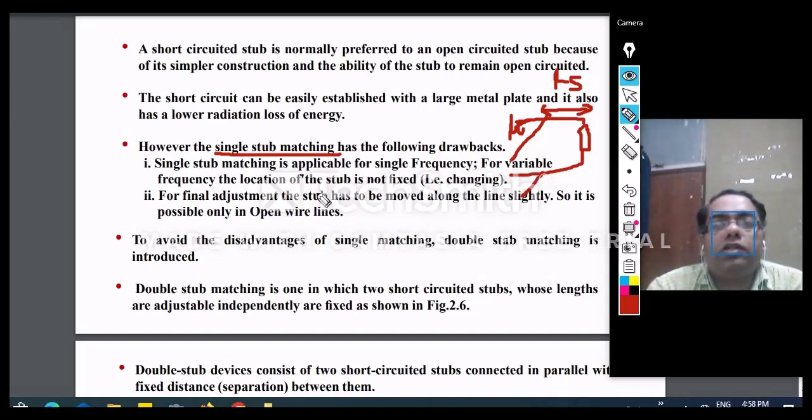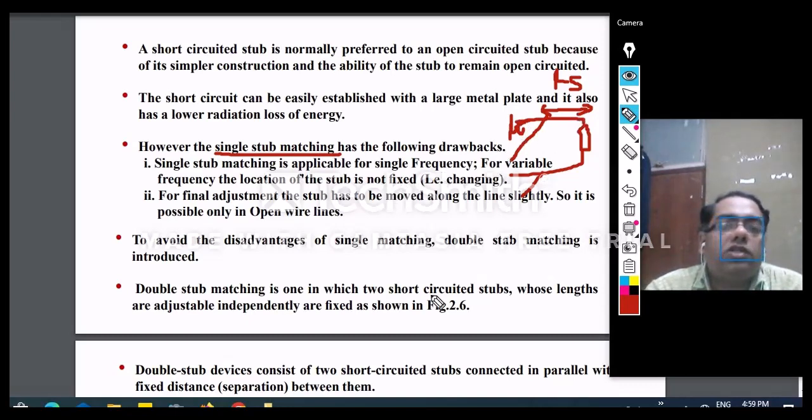It is applicable for single frequency, and we have to keep moving the stub all the time. So these are the drawbacks. And also the location of the stub changes with frequency. If we change frequency, then the location will change.